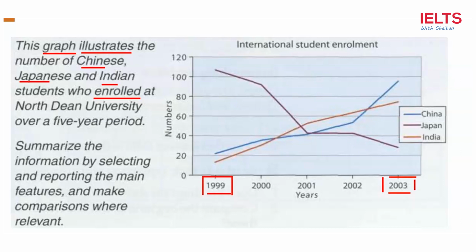Why rephrasing? Because rephrasing is very important in IELTS. If you copy and paste, this is like stealing, and this is called plagiarism. Plagiarism is prohibited in IELTS. You cannot copy and paste. If you do, the examiner is going to cut off the number of words of the question.